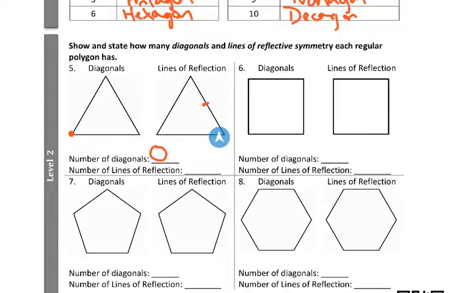So if I make a 90-degree angle here, and then go up to the vertex like that, if I fold that triangle on that line, I'm going to get a line of reflection. Same idea here. I can just go straight there, making sure I've got a 90-degree angle. And I could go like this and make sure I've got a 90-degree angle here. So it looks to me like we have 3 lines of reflection.